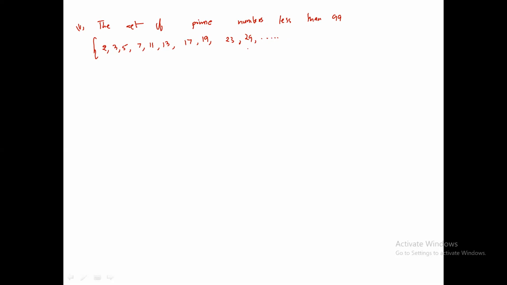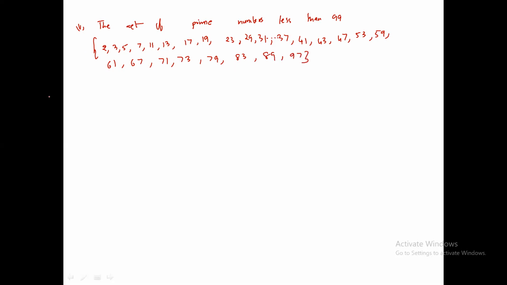17, 19, 23, 29. After that, 31, 37, 41, 43, 47, 53, 59. Like that, it will go up to some extent only. 61, 67, 71, 73, 79, 83, 89, 97.